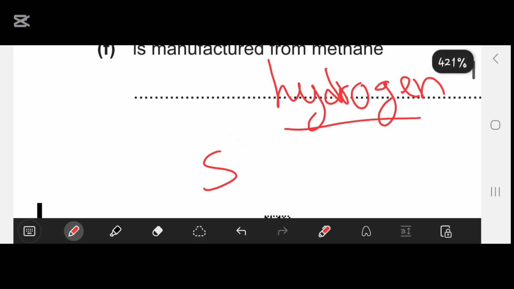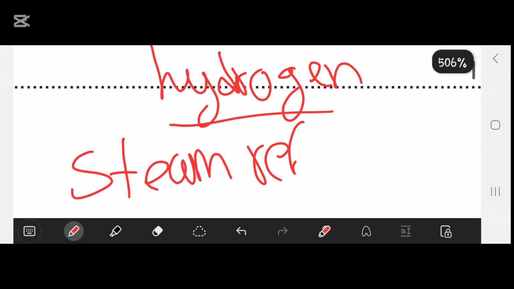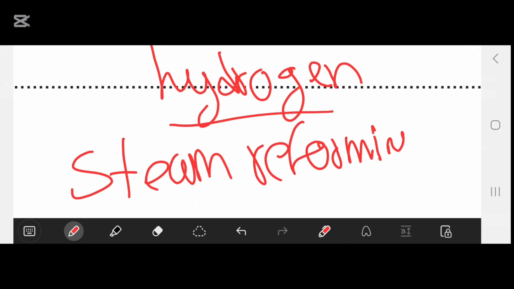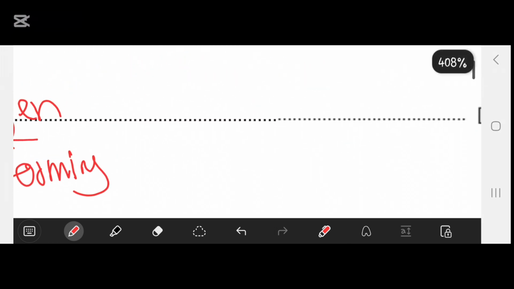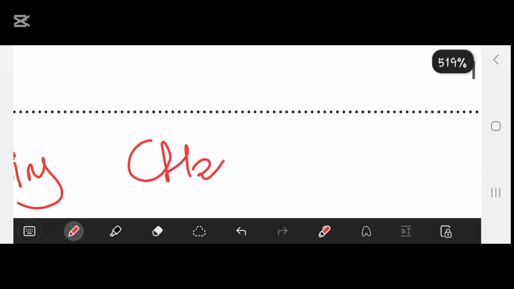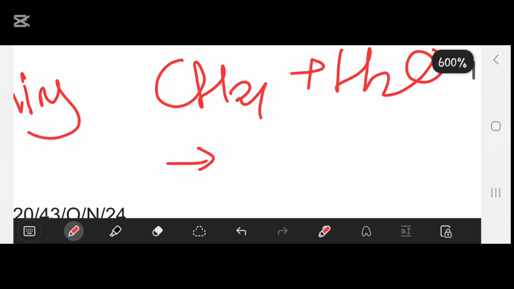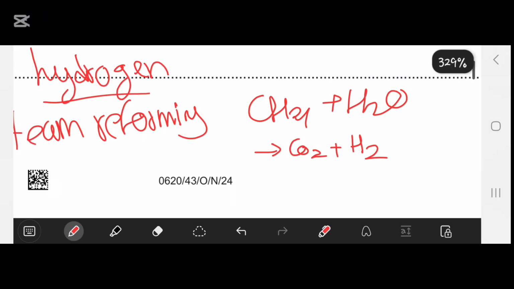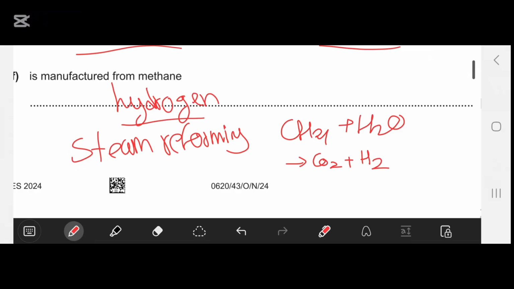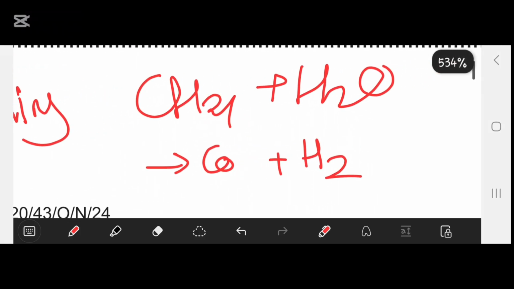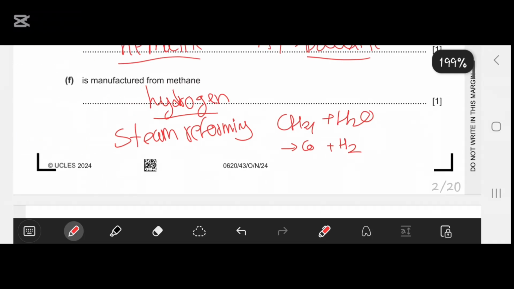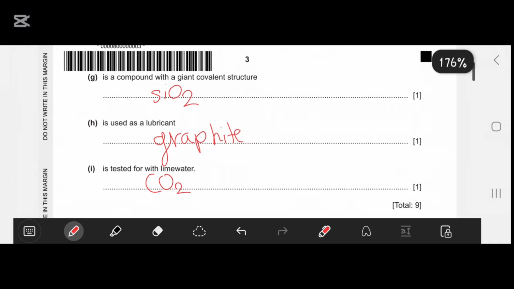This is the reaction of steam reforming, where we react methane with steam to produce carbon monoxide and hydrogen. Alright, let's go down.